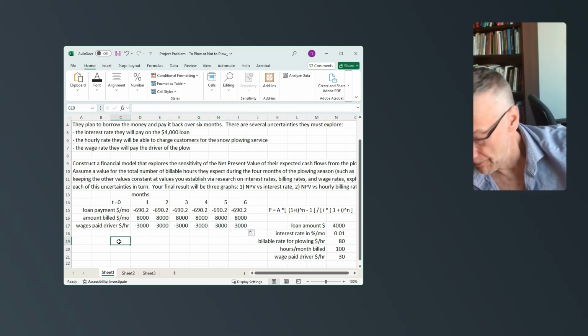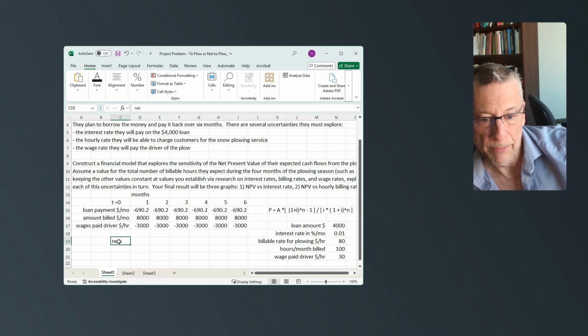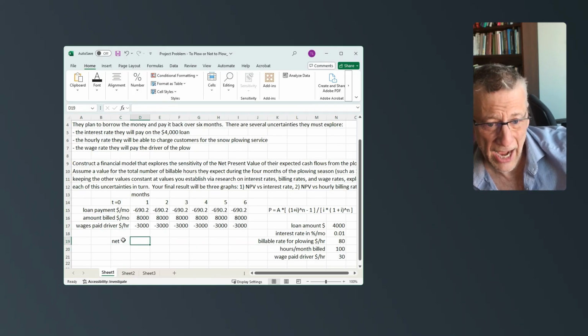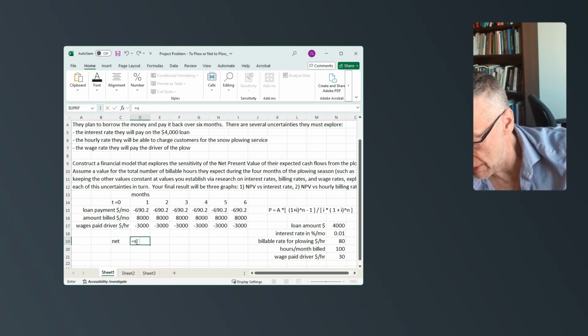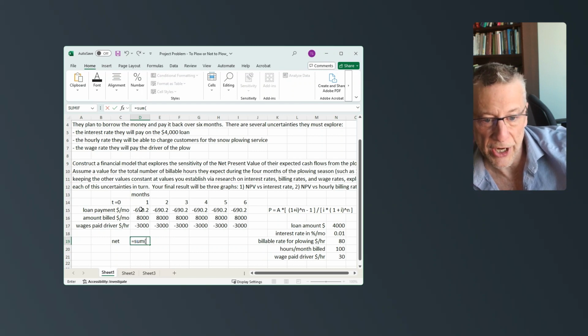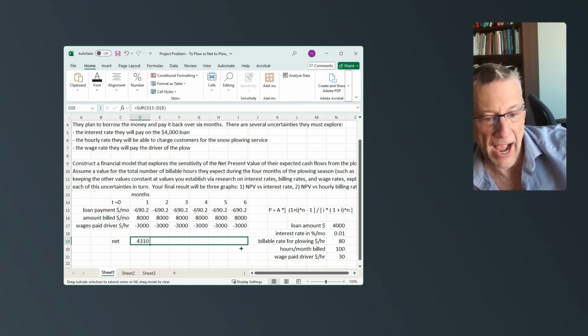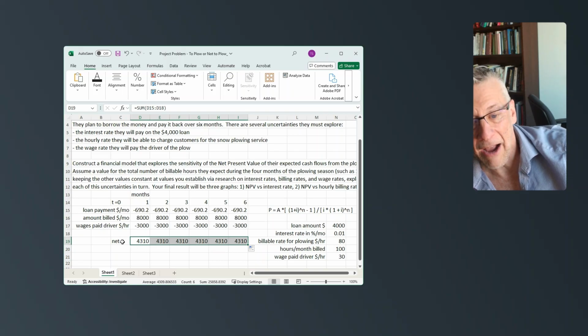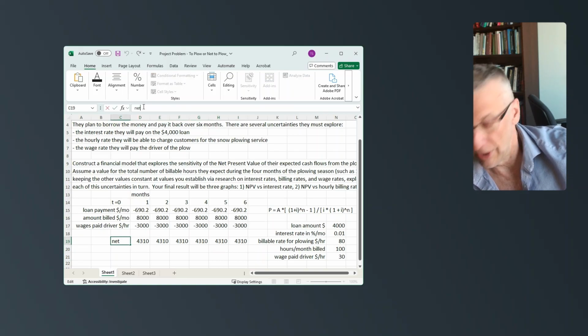So far in this problem, the net cash flow is going to be, again, neglecting the depreciation of the truck, which we'll talk about in another video, $4,310 after paying the driver, after paying the loan.